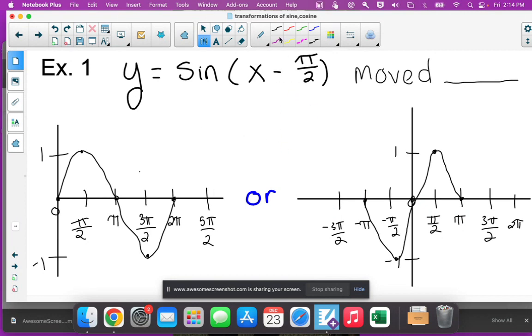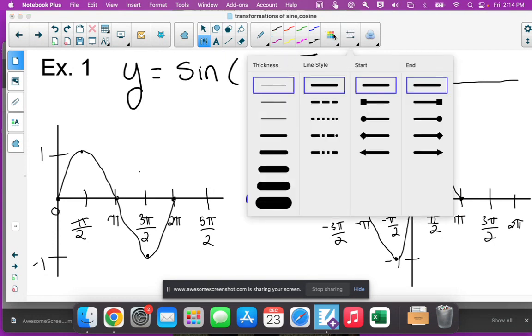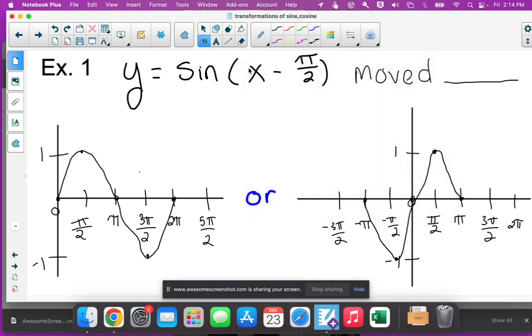Now, in this case, we need to figure out how much. So it has one set of parentheses, but that's okay because there's no b value in front of x, right? So we don't have to worry about a distributive property. So in this case, it has been moved pi over 2 to the right. Okay, so since my period is 2 pi, pi over 2 is basically just one tick mark in this case, right?